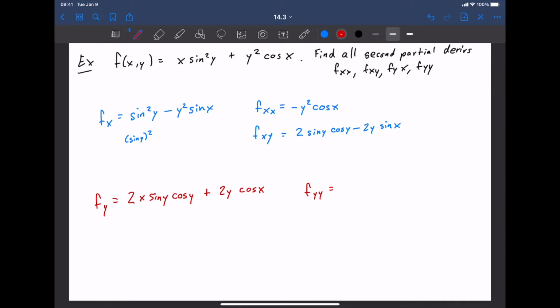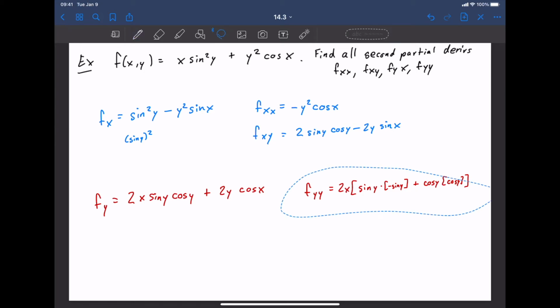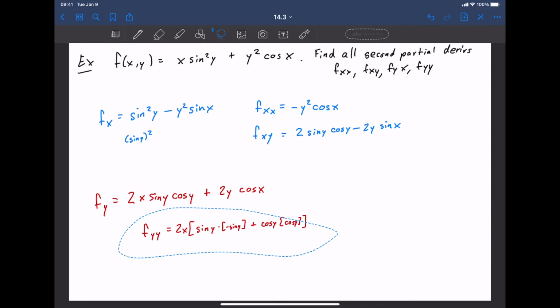Okay, so I'm going to do 2x first times the derivative of the second, negative sine y, plus the second times the derivative of the first, another cosine y. Why did I leave the 2x by itself? Because it's just a constant.